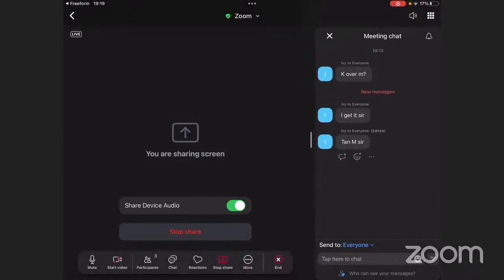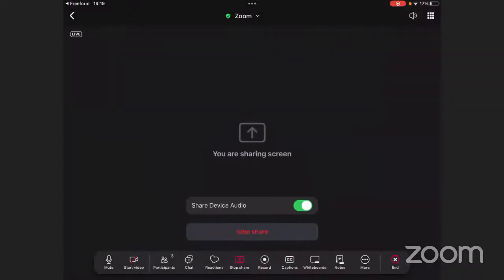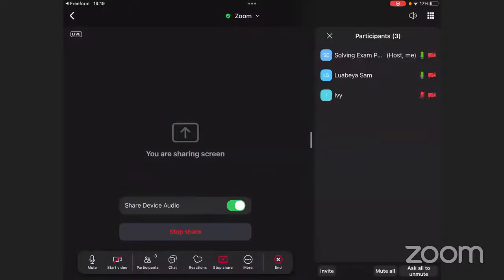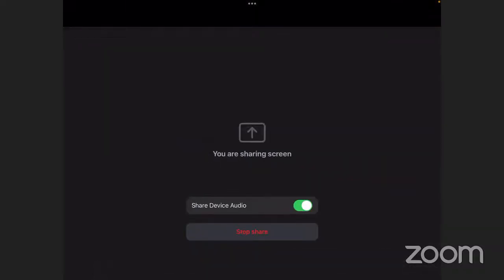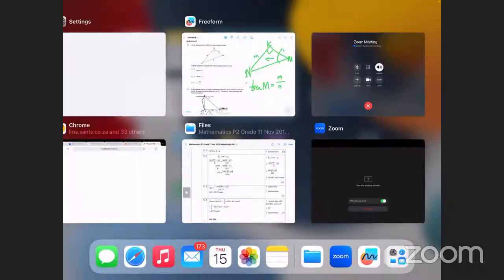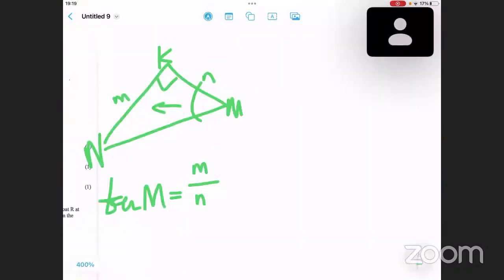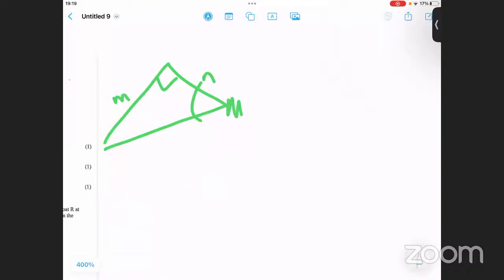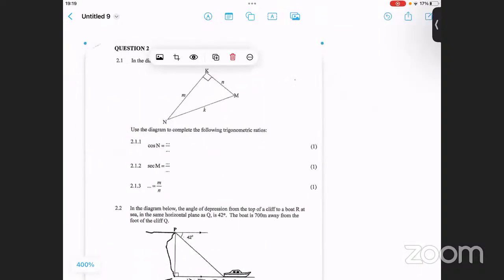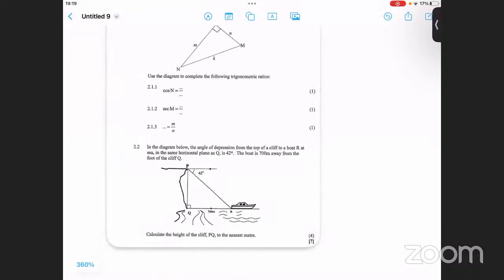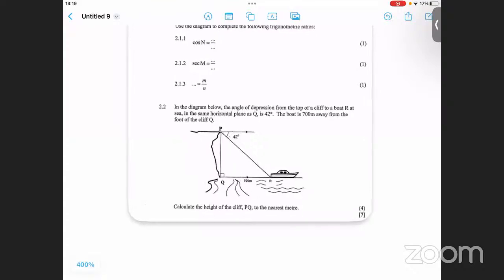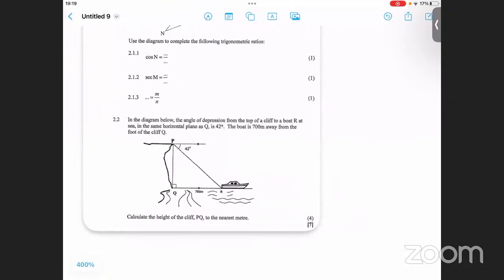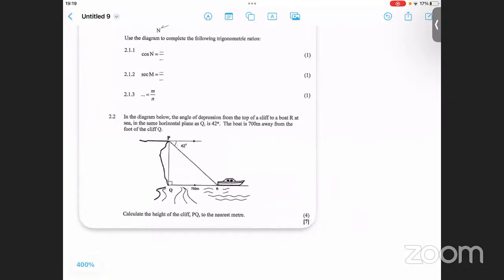IV, do you now understand why we had to specify and say tan M? Did you see the reason before we move on to the next one? IV, I will need your response on that one, to see if you understand what happened there. Why did we have to specify the angle?